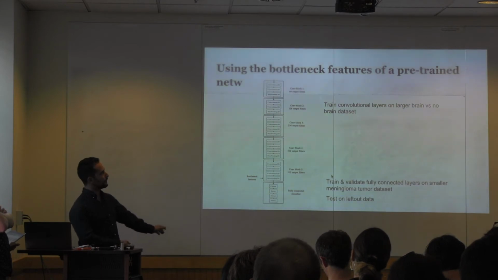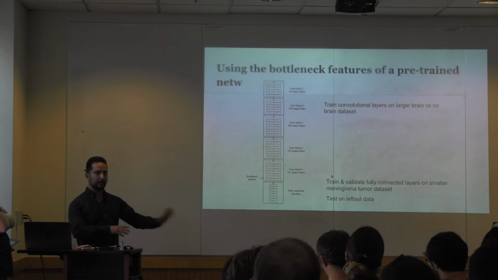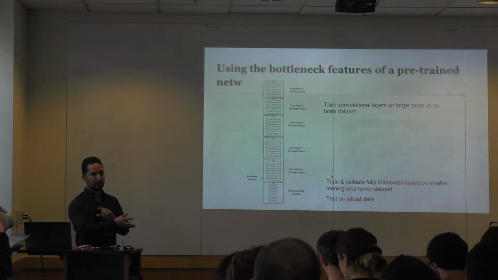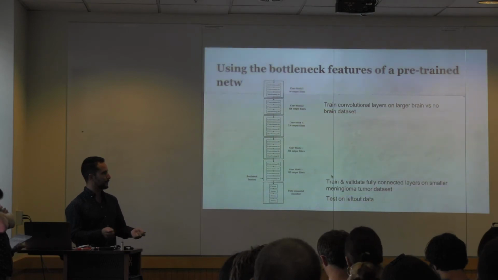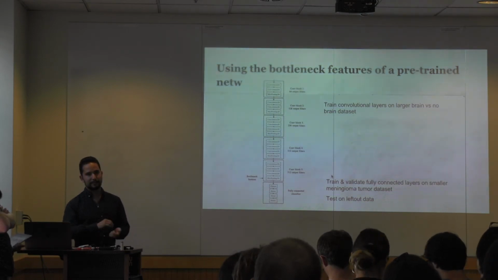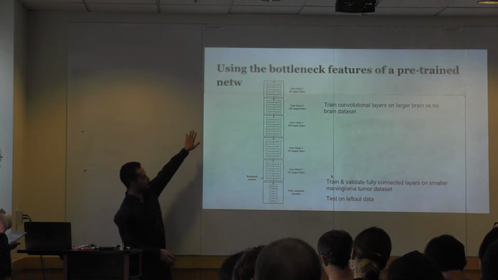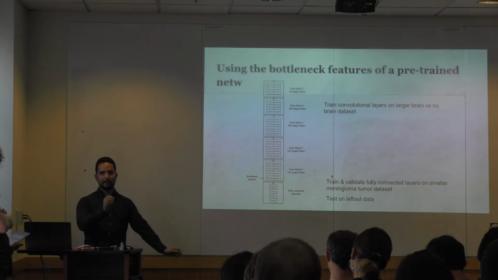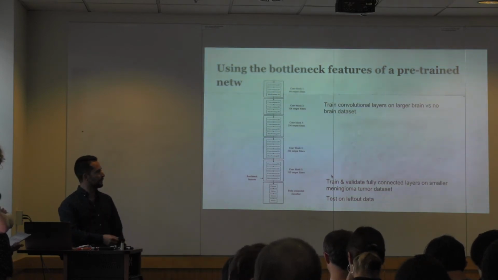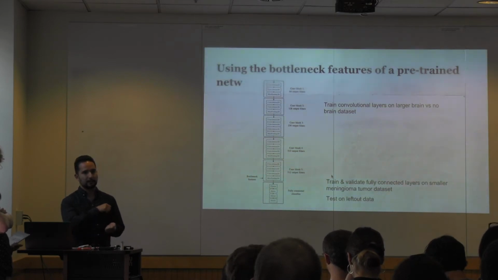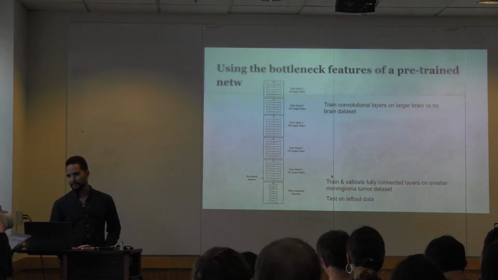The idea would be to train one of these networks on larger datasets of brain or no brain, something that would allow it to pick up on brain-like features, and then on a much smaller dataset like the meningioma tumor dataset, train it to actually detect the tumors, and eventually add an additional channel of information that would take the data collected from you guys right now, for example, and give it stronger priors as to where the lesions or the tumors or the hippocampus is. So that's the plan.